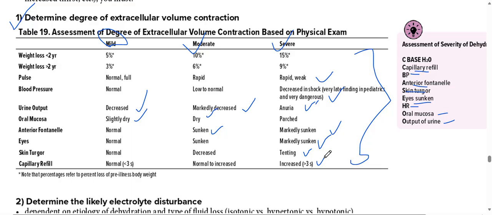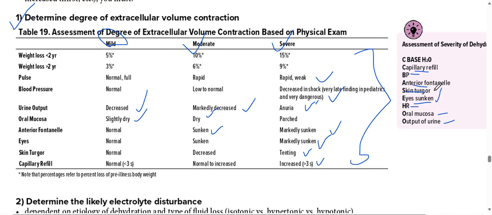So now I tell you a scenario: a child presents to you with a blood pressure of 80 by 40, and there is no urine output, meaning the mom is saying that he has not wet his diaper since morning. The eyes are markedly sunken, and the anterior fontanelle is markedly sunken.